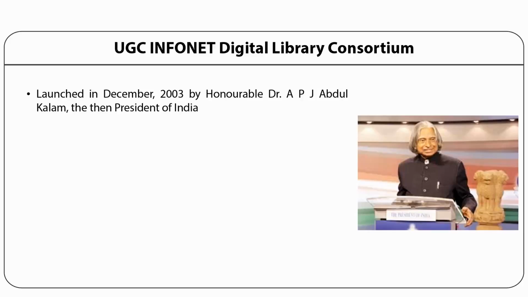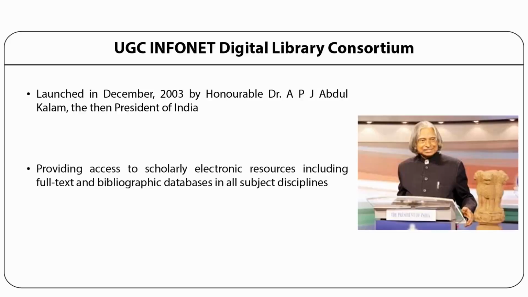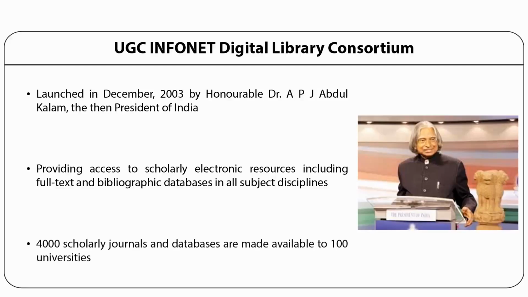It is a national initiative for providing access to scholarly electronic resources, including full text and bibliographic databases in all subject disciplines. It facilitates access to high quality e-resources to academics in the country to improve teaching, learning and research. Access to more than 4,000 scholarly journals was enabled when the program started on January 1st, 2004.